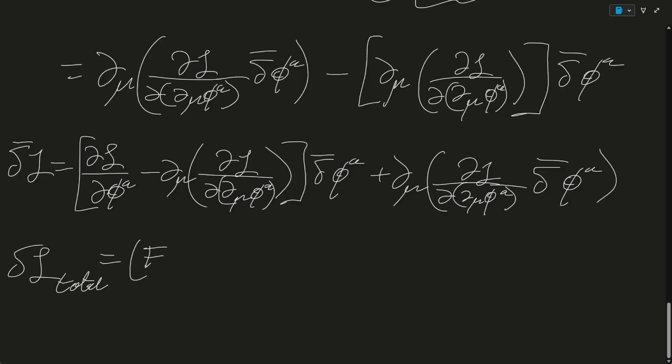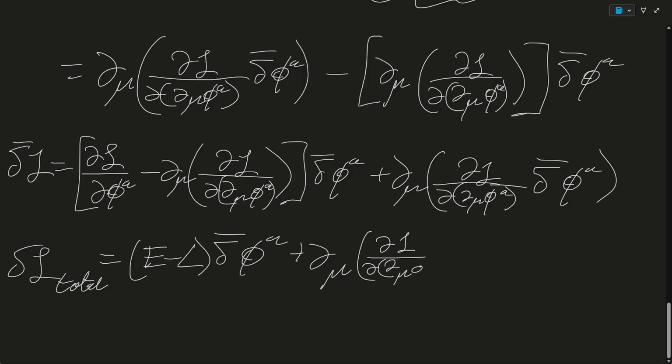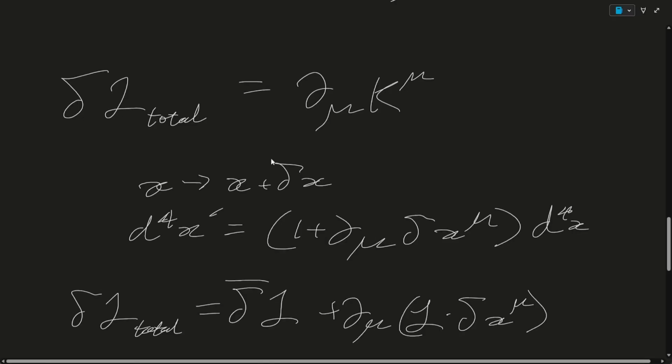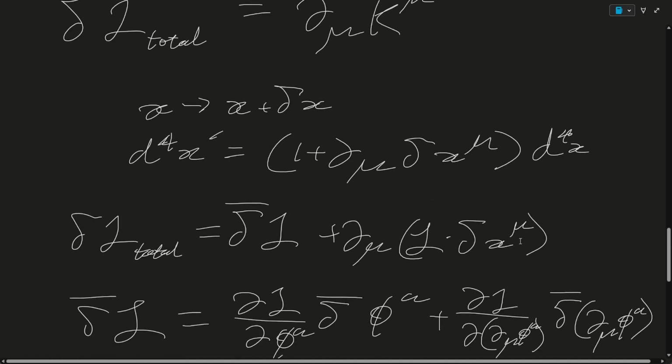So we've got Euler-Lagrange, phi A, plus this d sub mu of the Lagrangian over d sub mu phi to the A, and then we have this appended term, which is the derivative with respect to mu of our Lagrangian times our change in position, which we have from the ends of our equation up here.